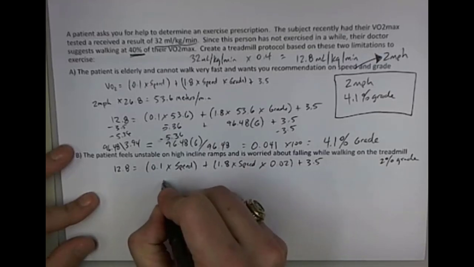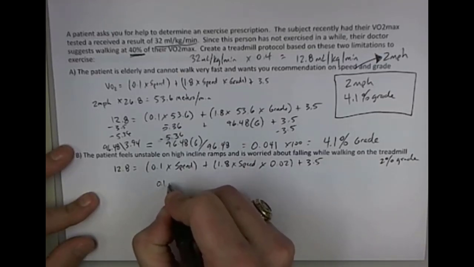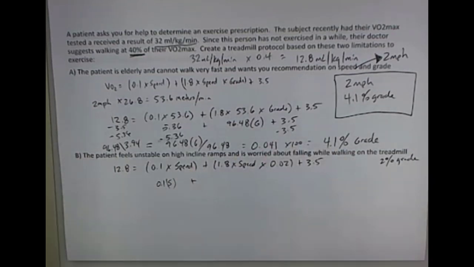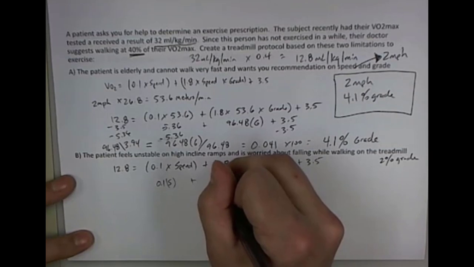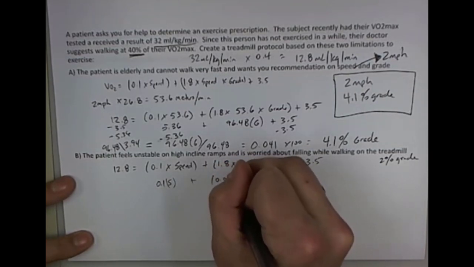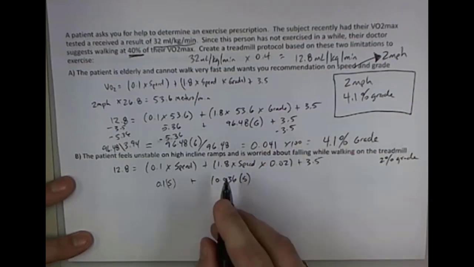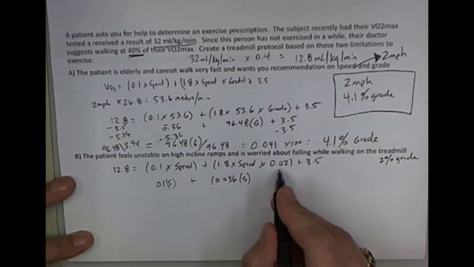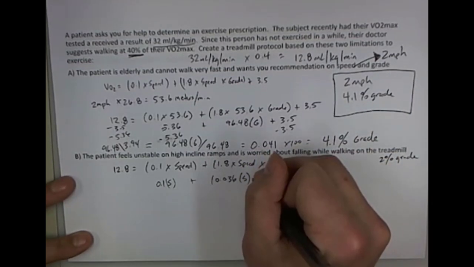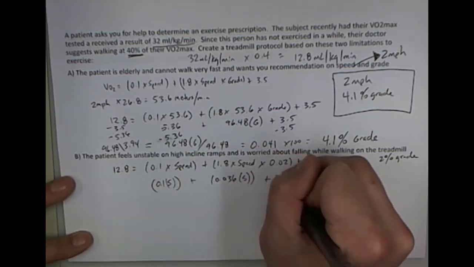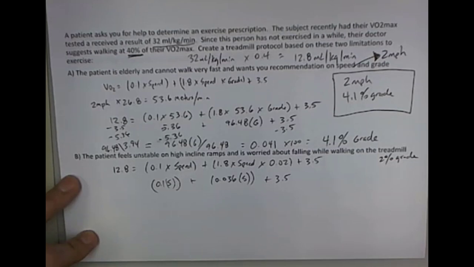So we can simplify: 0.1 times speed plus 0.036 times speed. So basically to get that, I just took 1.8 times 0.02, plus 3.5.